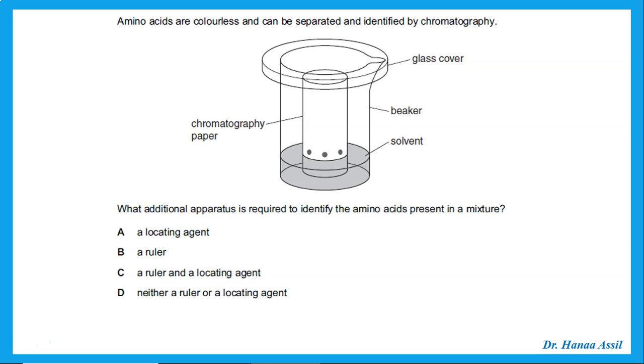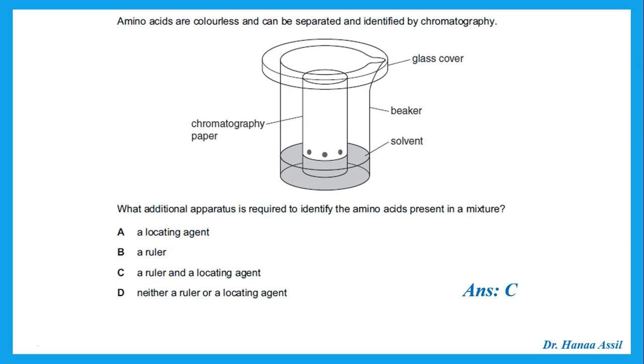Unless I use a locating agent. And also, in order to identify them, I need to know their RF values. So the RF value, that means I need a ruler. So I will need a ruler to determine the RF value, and I will need a locating agent to give the spots color to make it visible.